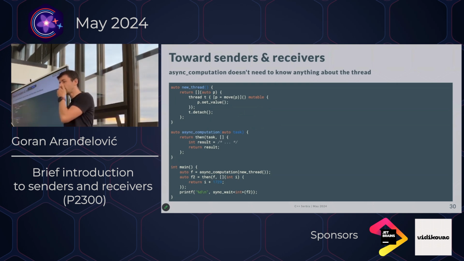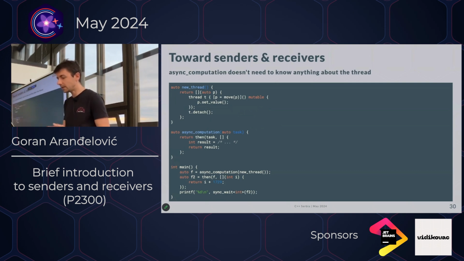So now the async computation doesn't mention a thread anymore. Now a new thread will be our executor. It will be something that is able to receive a promise, and the new thread will actually decide where it will execute, and it will spawn a new thread. Async computation doesn't have anything to do with it.